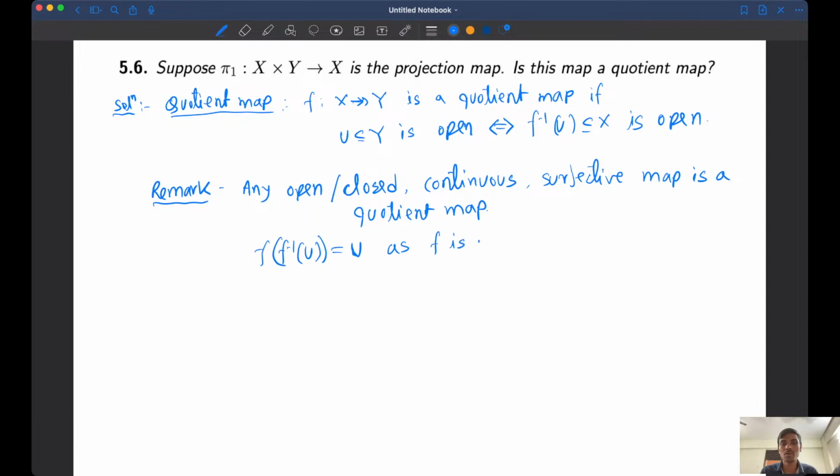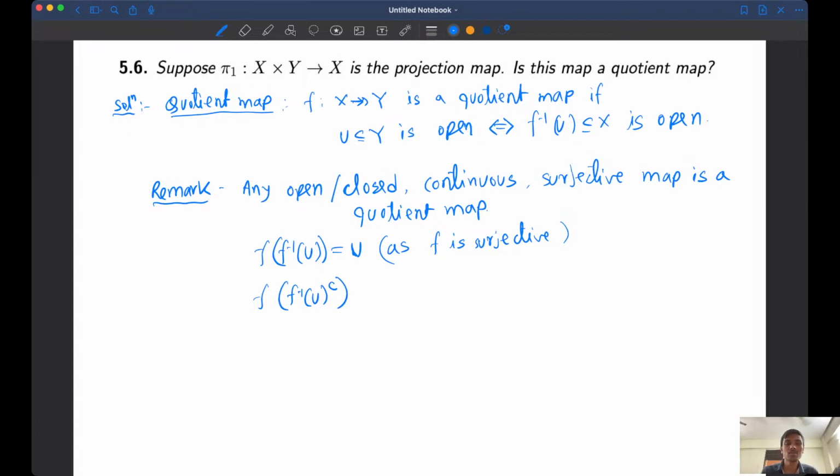Similarly, if f were closed and surjective, this is a particular case. For closedness, if f is given closed, you start with f inverse U open, so the complement of that will be closed, and f of that will be closed.